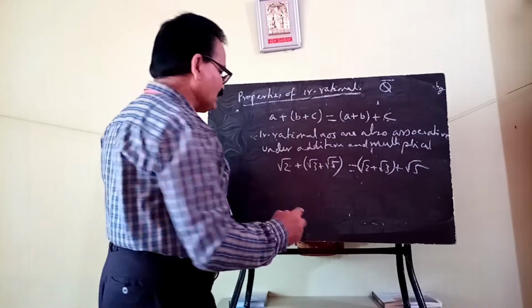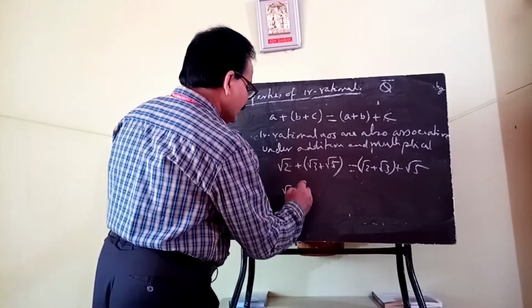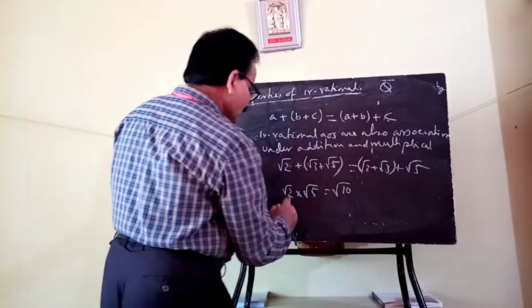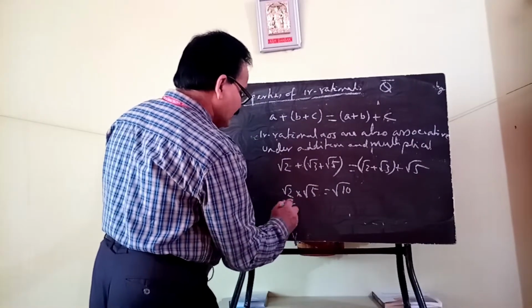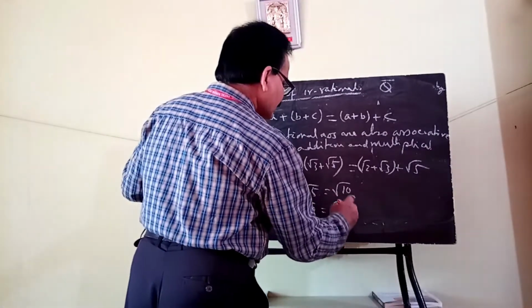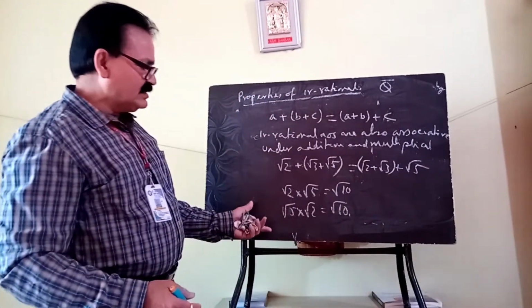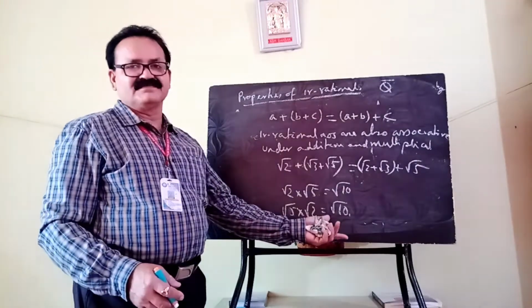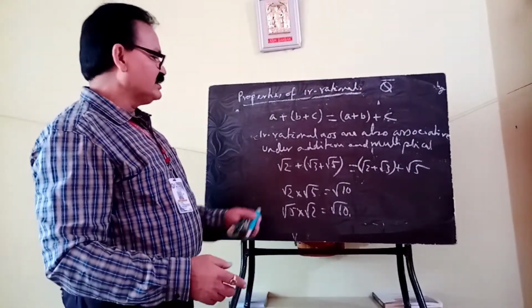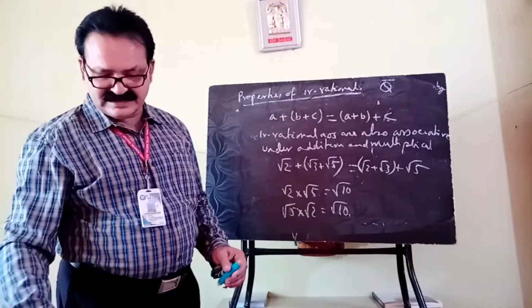Okay. If you multiply root 2 into root 5, that will be root 10. If you multiply root 5 into root 2, that will again be root 10. So by changing even the sequence, the value remains the same. So that means it is associative under addition and multiplication.